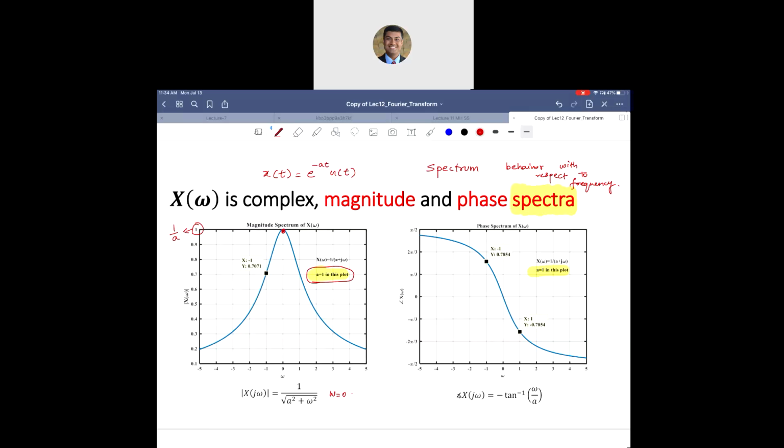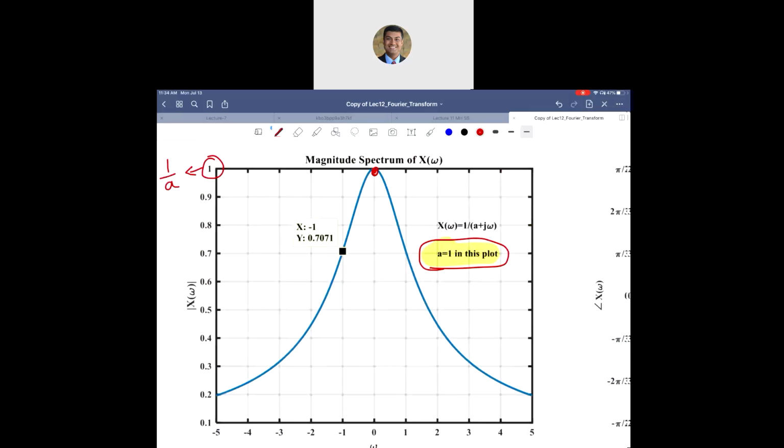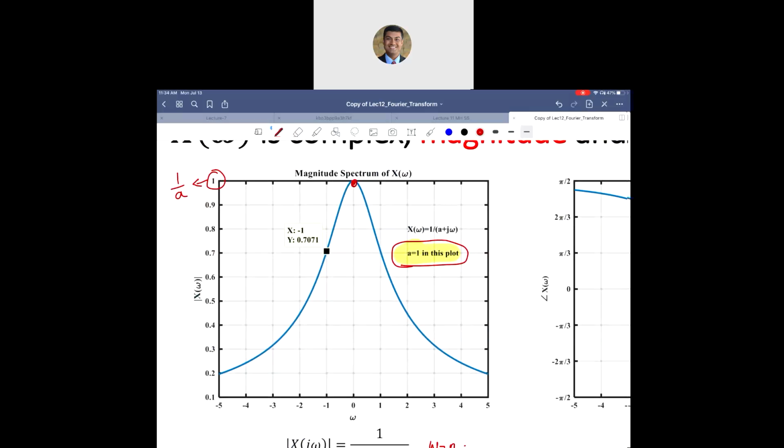So let's see. What can we know from this plot? Does this signal e to the minus at u of t have a lot of high frequencies or a lot of low frequencies? Like where is the higher magnitudes?